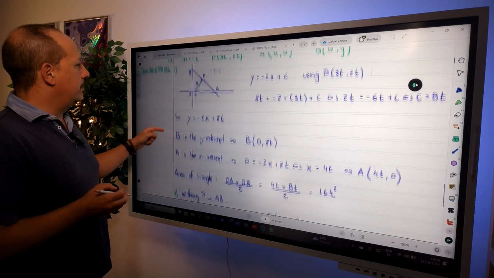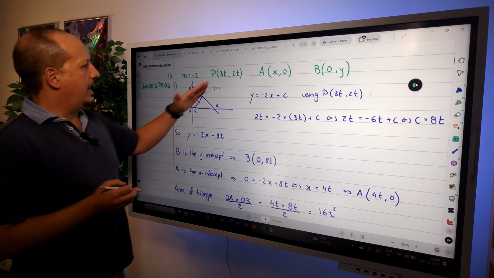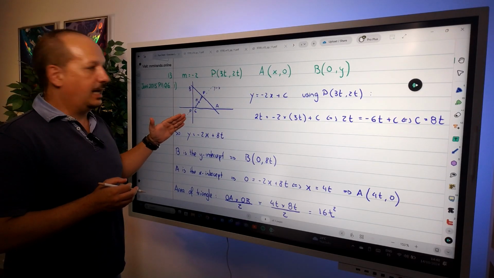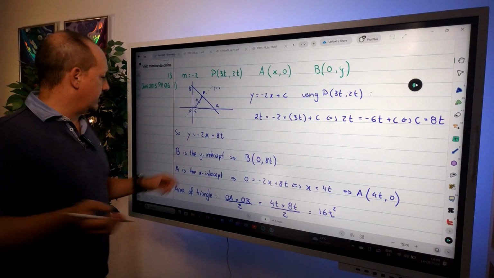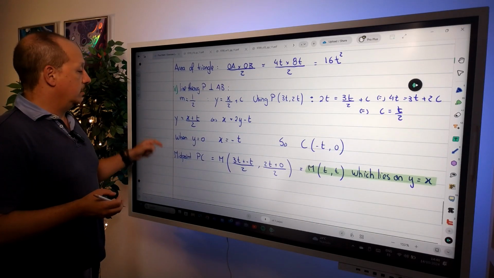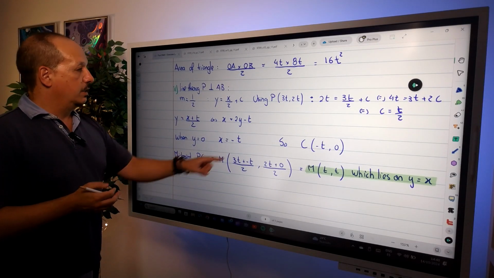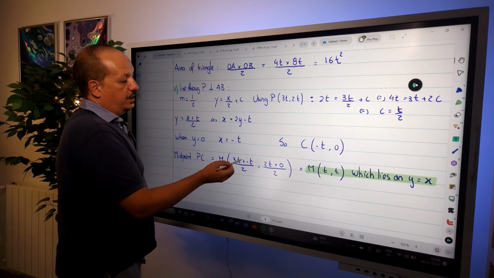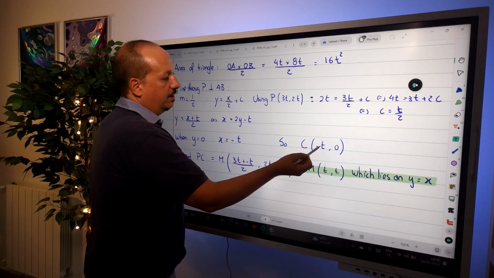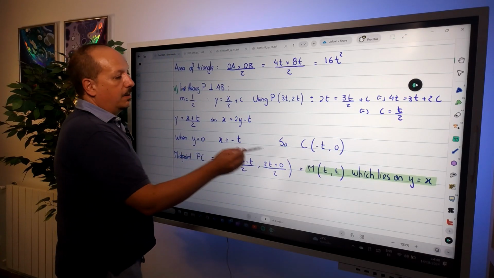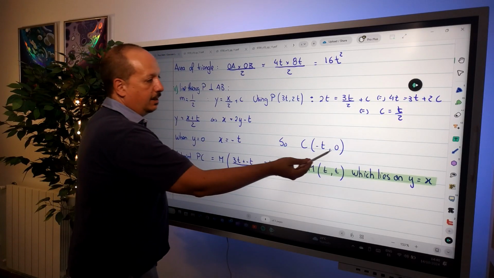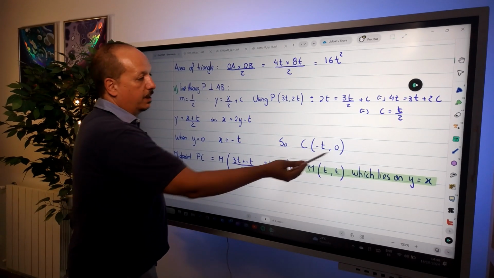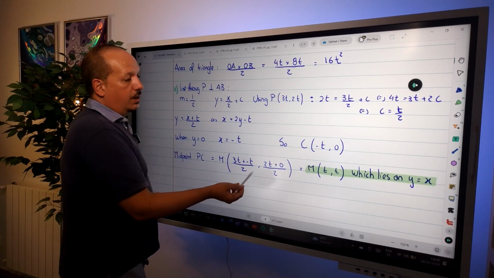For you to prove that the midpoint lies on the y equals x line, we first need to get the midpoint. And for that, you need the midpoint formula in terms of t again. So it's going to be (3t plus minus t) over 2, and then (2t plus 0) over 2. And what do you get?